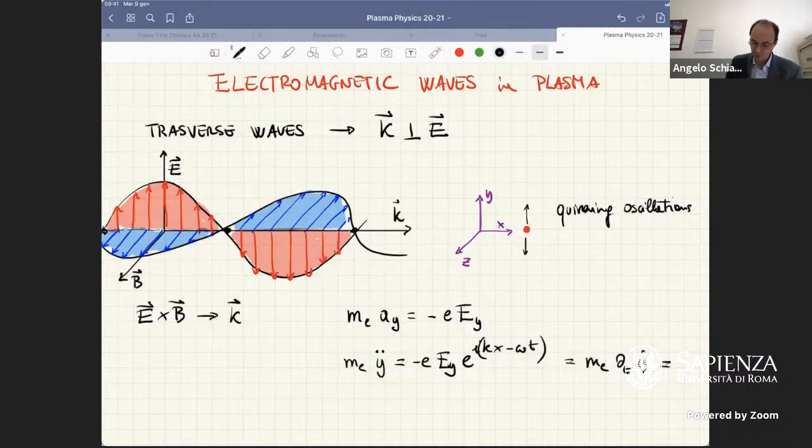Okay. So this becomes, in complex notation, minus i omega times the mass of the electron times, let's call it Vy, the velocity of the electron along the y direction.